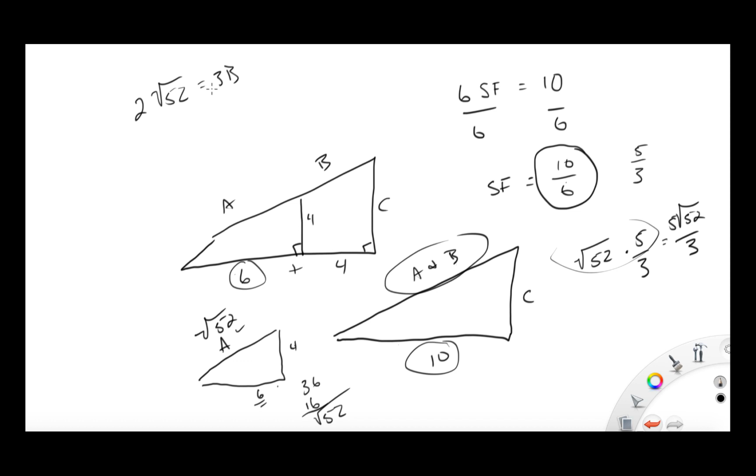When we simplify this, to get B out, we're going to divide by 3 and divide by 3. We can actually reduce that, and simplified, we come up with 4 times the square root of 13 over 3. So we can find out what B equals in that scenario.